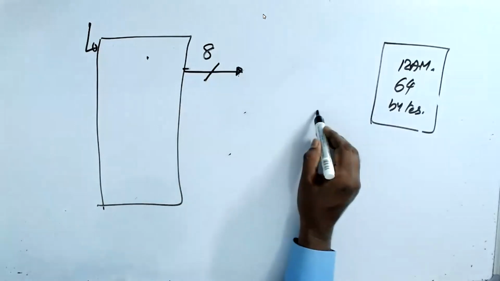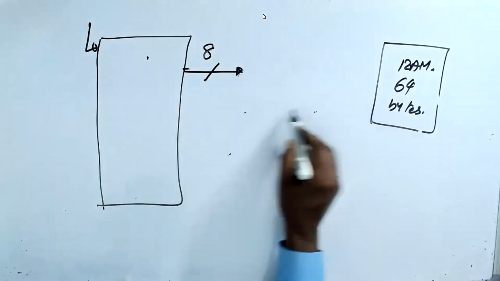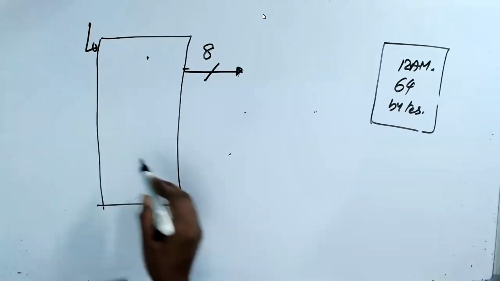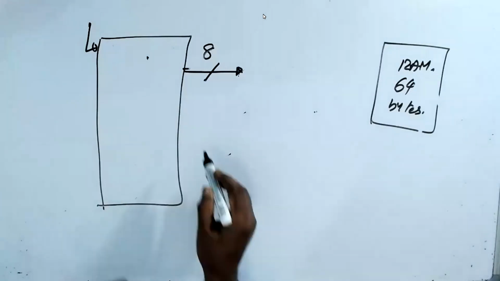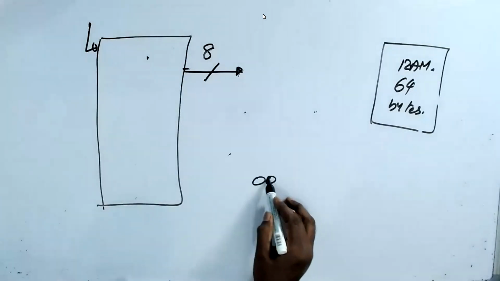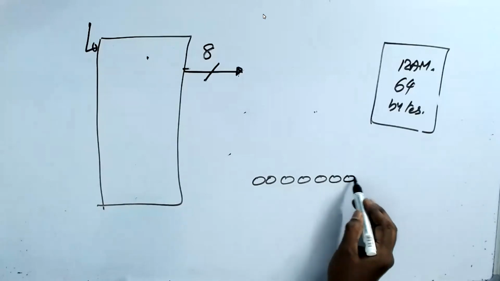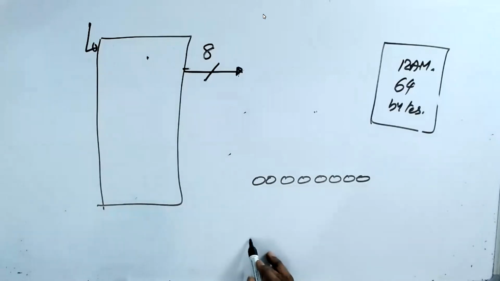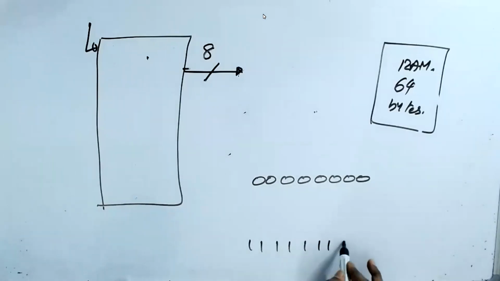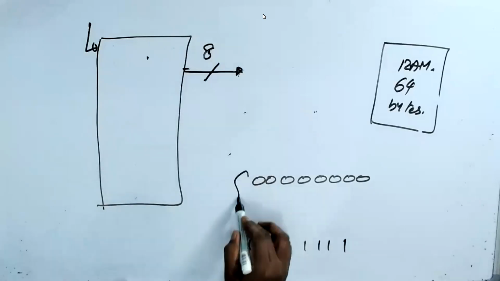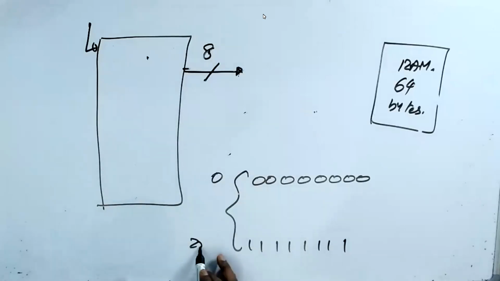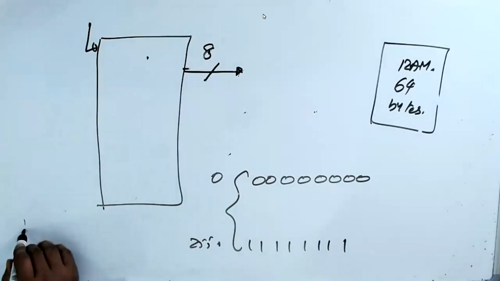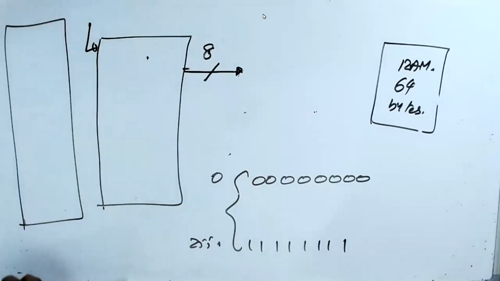Let us say the address range is from 0 to 11111111, because this is 8-bit. So 0 to 255, totally 256 addresses, and this device is 64.